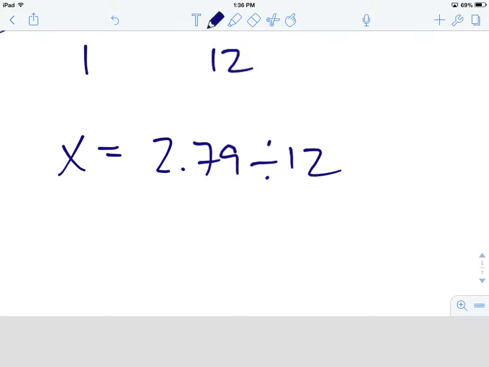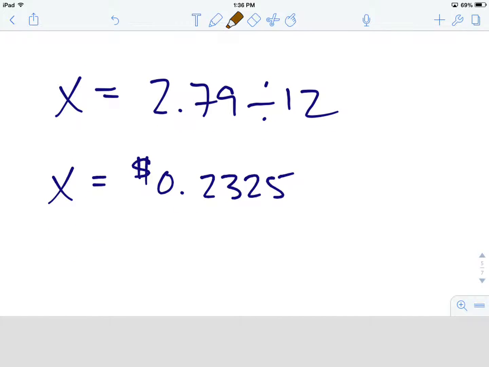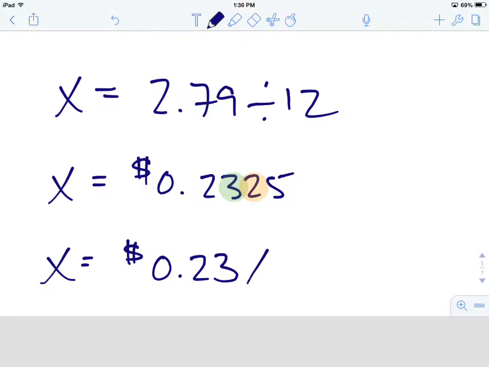We get x equals 0.2325. We need to round that to the nearest hundredth. There's a 3. We look to the digit after it, which is a 2, to tell us how to round it. And it tells us that we are going to keep that 3 the same, or 23 cents per donut.